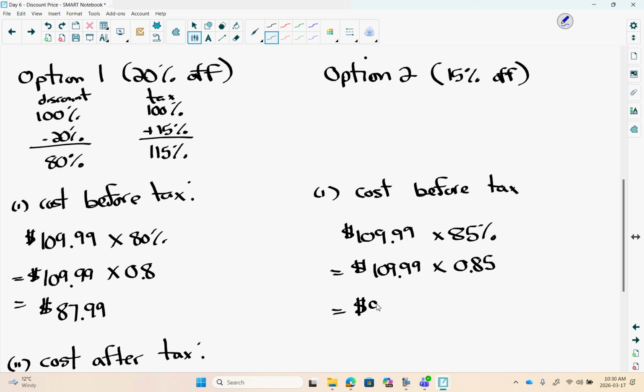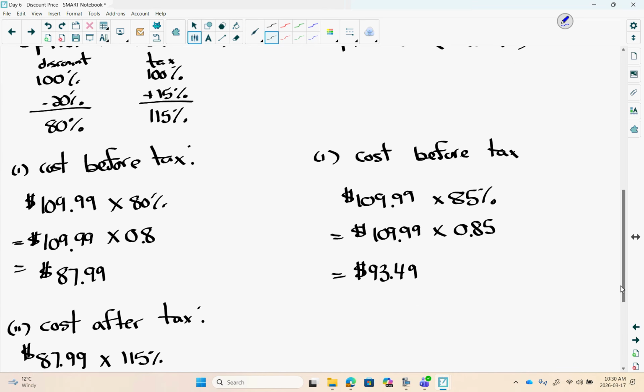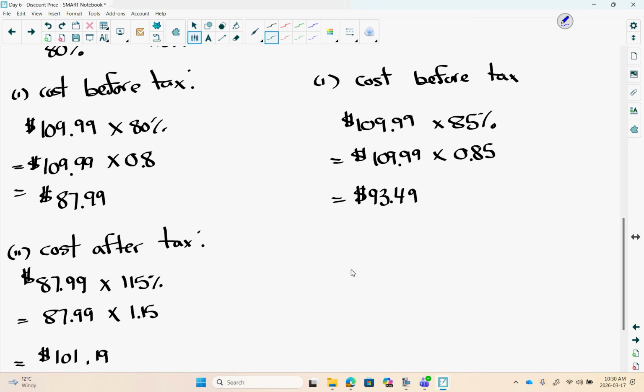So you can already see this figure here is higher than this one here. What's the cost after tax going to be for option 2? Cost after tax, and how'd you get that? Multiplied by 1.15.